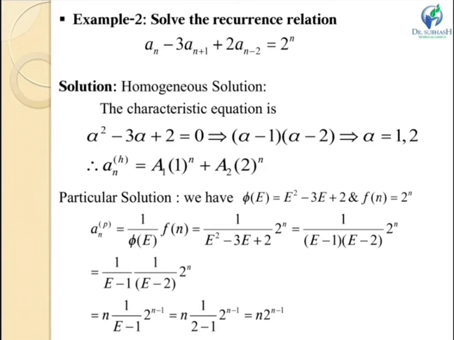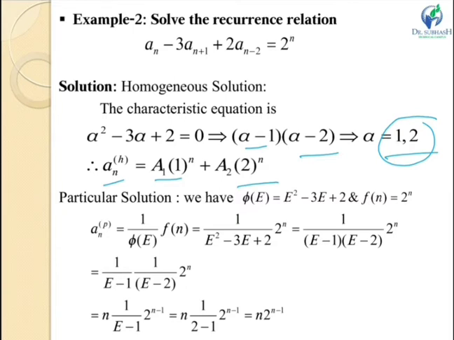By splitting the middle term, we get alpha minus 1 into alpha minus 2, which implies alpha equal to 1 and 2. So the homogeneous solution can be given by a(n)h equal to a1 1 raised to n plus a2 2 raised to n, since here the roots are real and distinct.